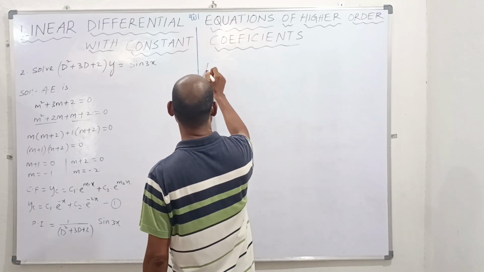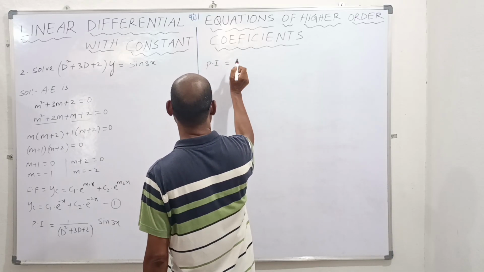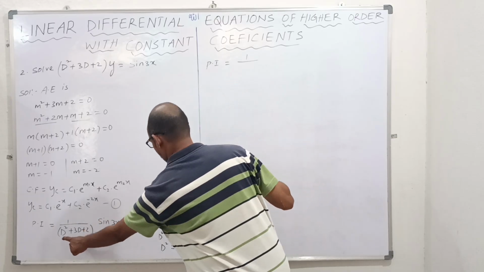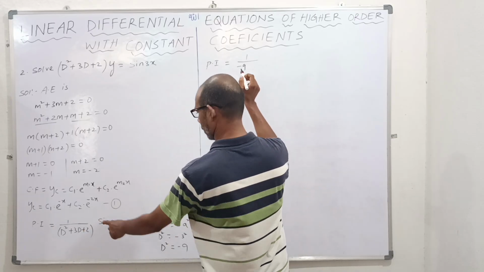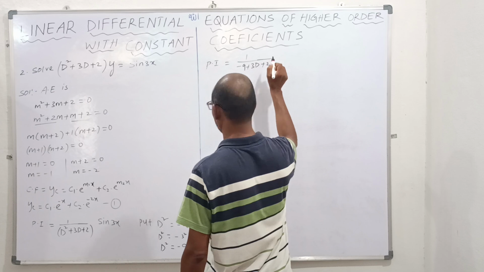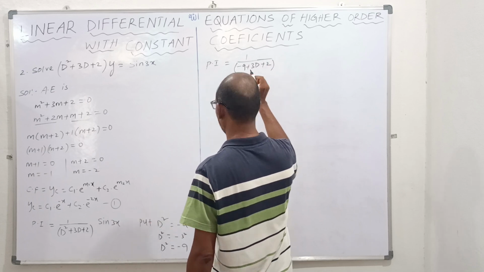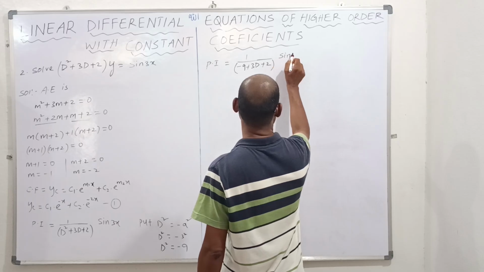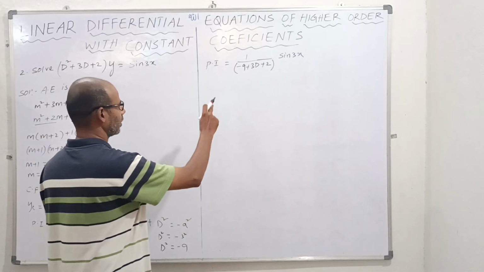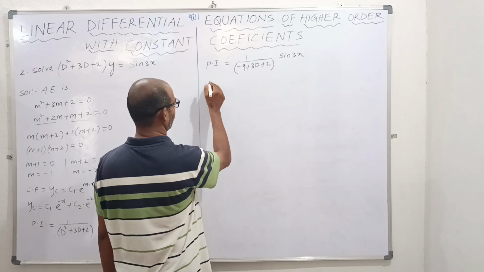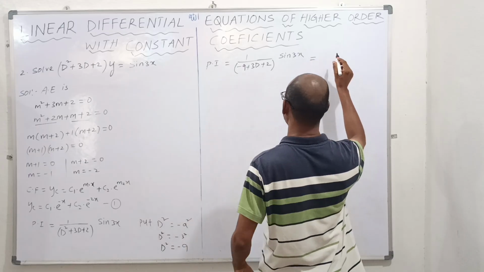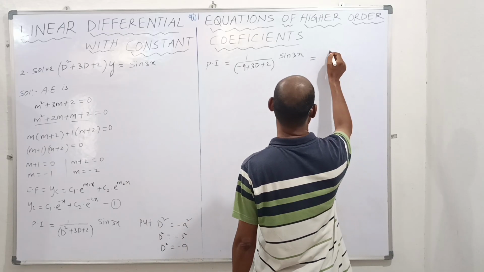So PI is equal to 1 upon D square, which is minus 9, plus 3D plus 2, into sine 3x. Simplifying, minus 9 plus 2 becomes minus 7.